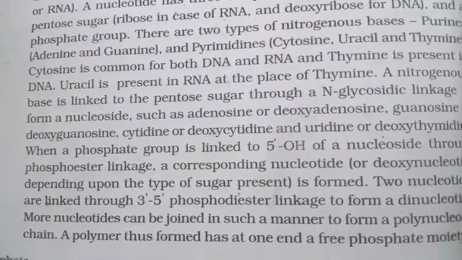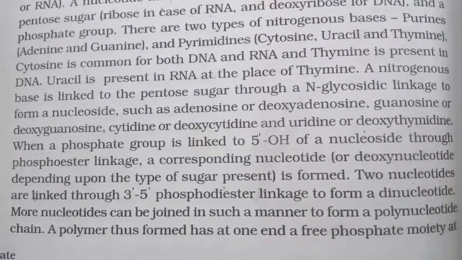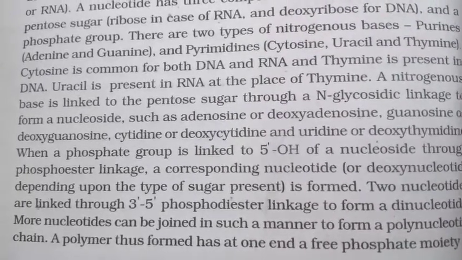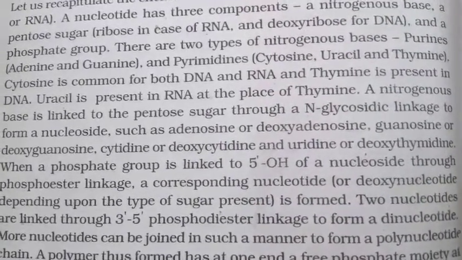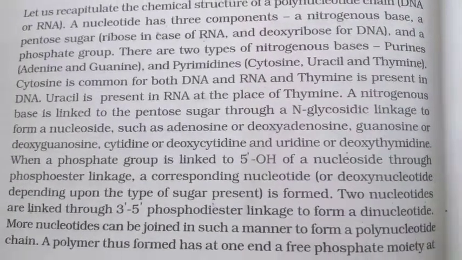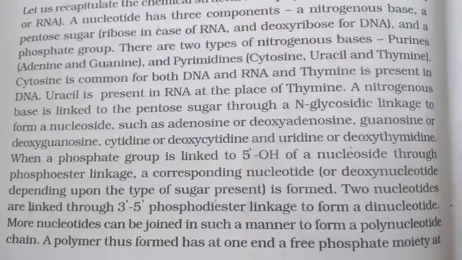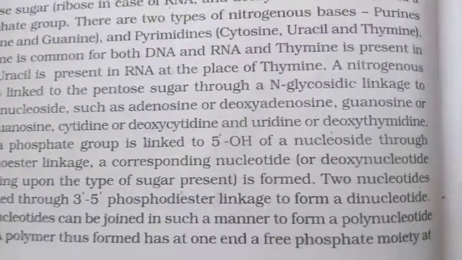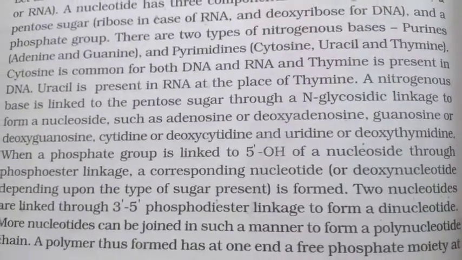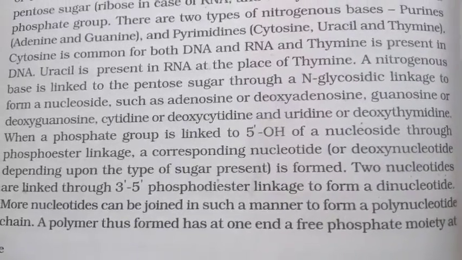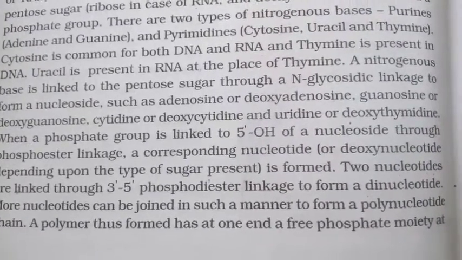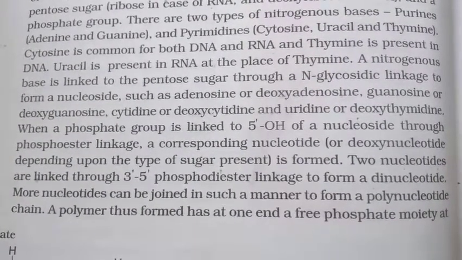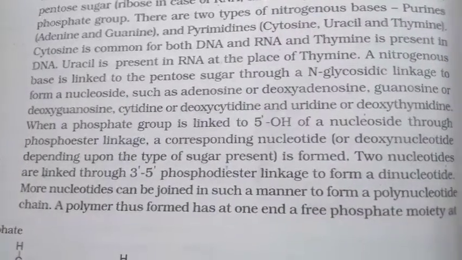A nitrogenous base is linked to the pentose sugar through an N or nitrogen glycosidic linkage to form a nucleoside, such as adenosine or deoxyadenosine, guanosine or deoxyguanosine, cytidine or deoxycytidine, and uridine or deoxythymidine, depending upon the type of the base that is linked to the sugar.